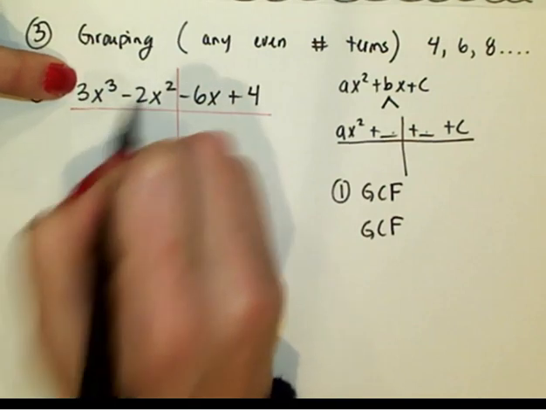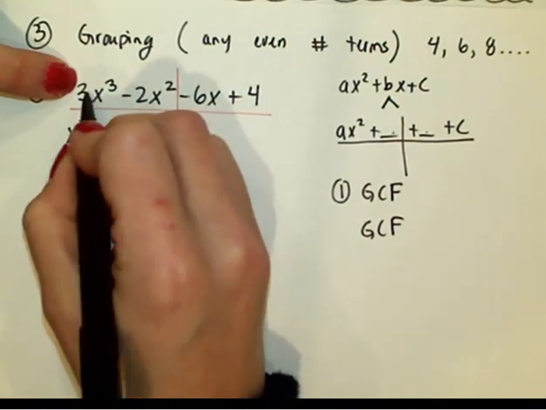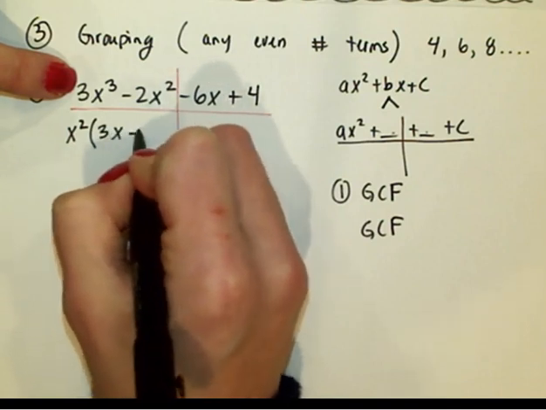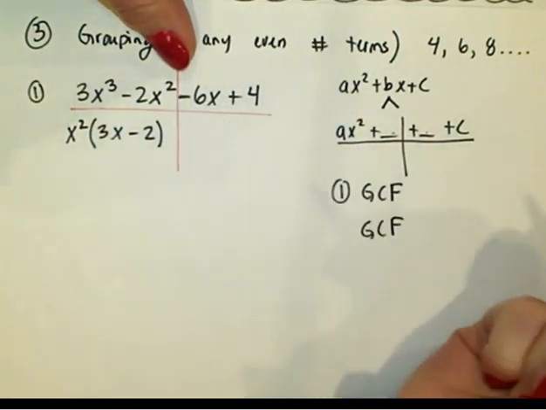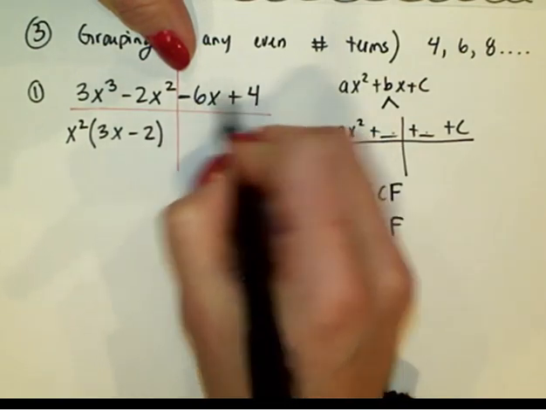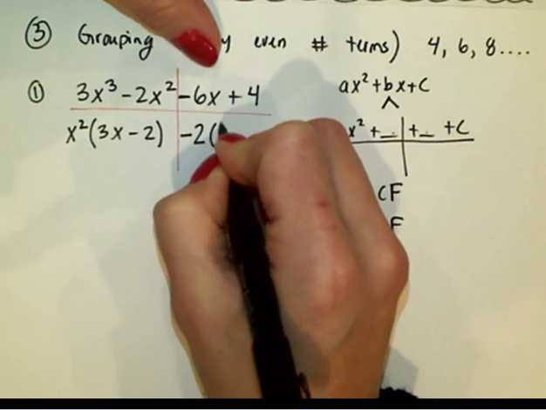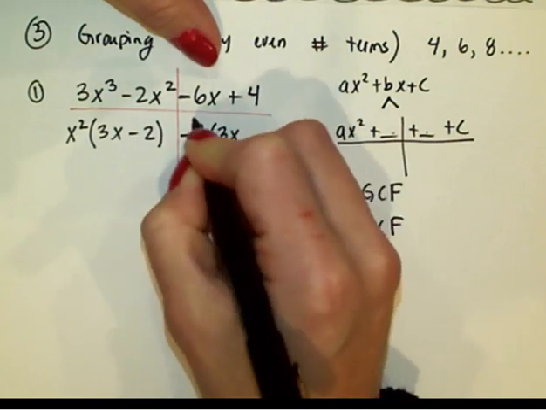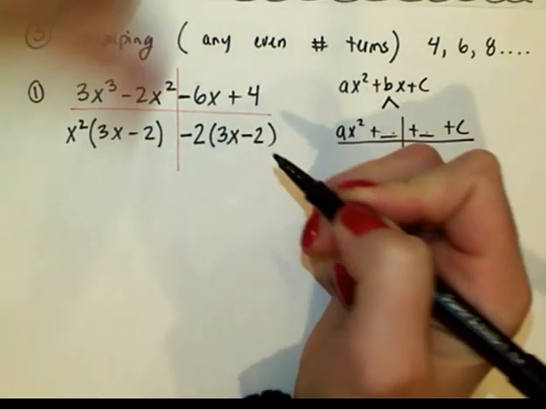What's common in the first 2 terms is an x squared, and what's left is 3x minus 2. Notice that the sign is included with the term, and so between these two there's a common minus 2. What's left? 3x, careful with the negative. Negative times negative is positive.